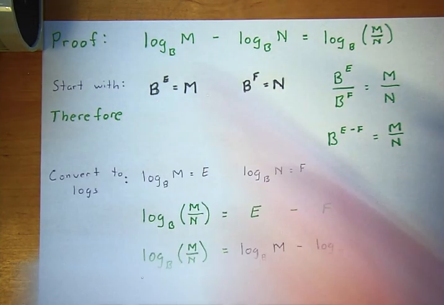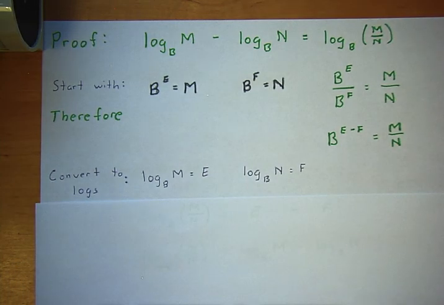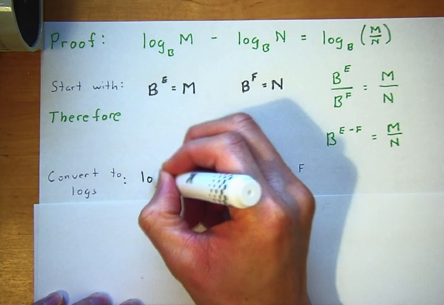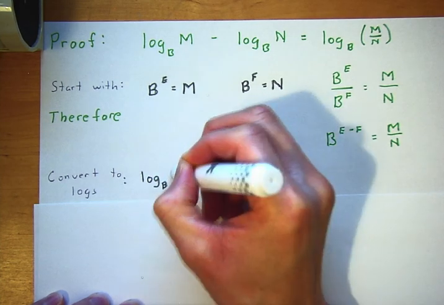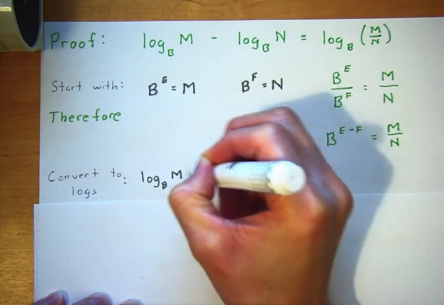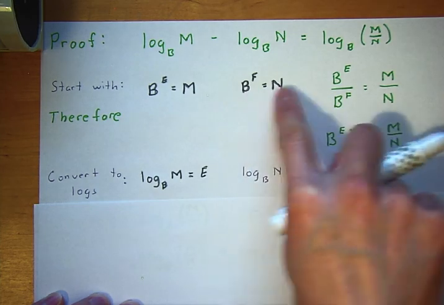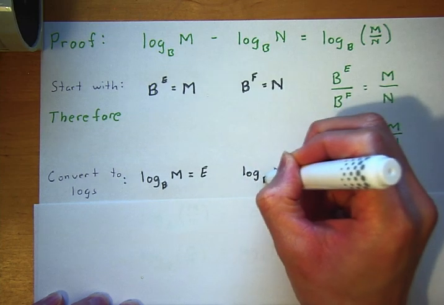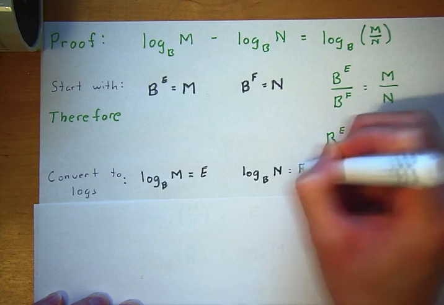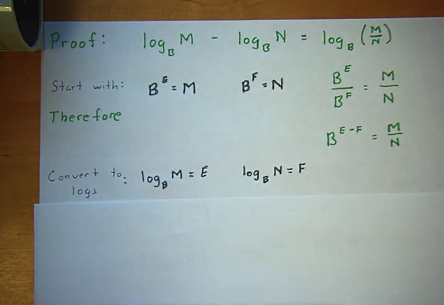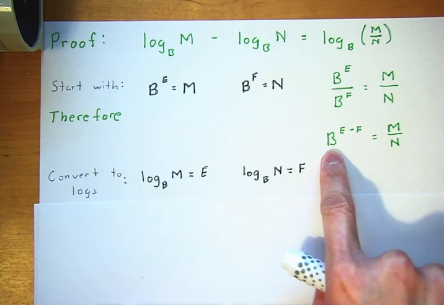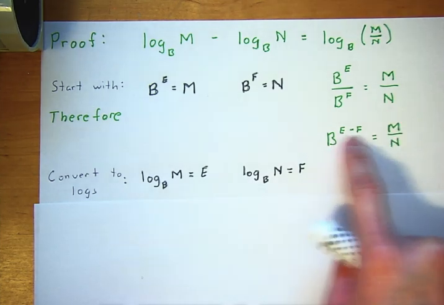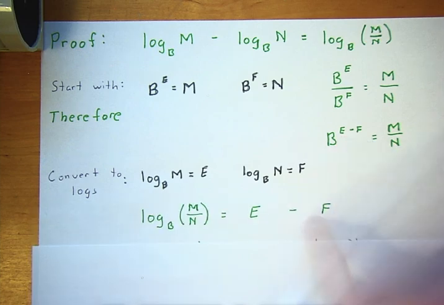This one right here changes into log base B of M equals E. This is log base B of N equals F. And this one right here, log base B of M divided by N equals E minus F, which I just wrote down there.